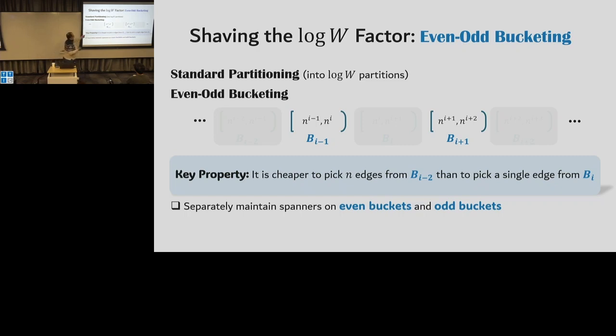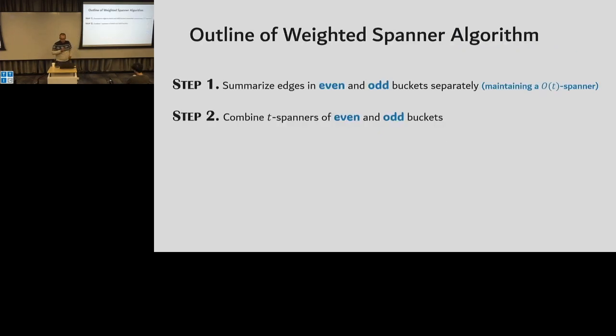But this nice property that we have allows us to do something more clever for even and odd buckets, and can save a factor of log. We'll see shortly how it can happen. So that's basically the two steps I'm going to follow: consider even and odd buckets separately, and then combine the t-spanners for these two at the very end.